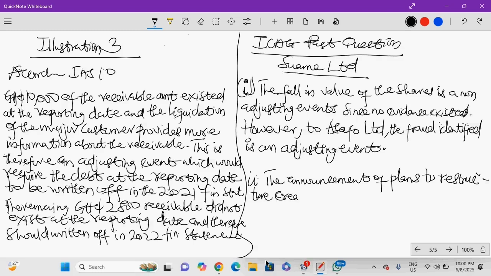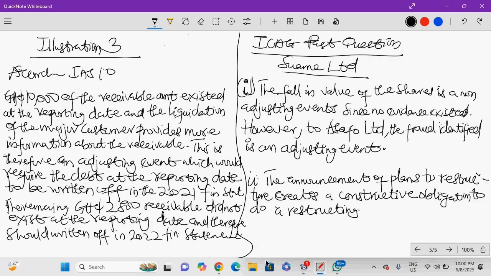It creates a constructive obligation, I believe you have done IAS 37, a constructive obligation to do a restructure.